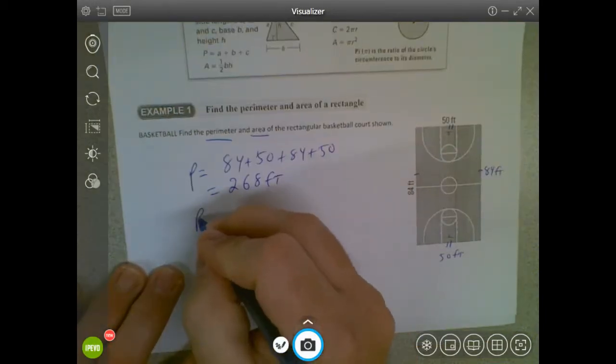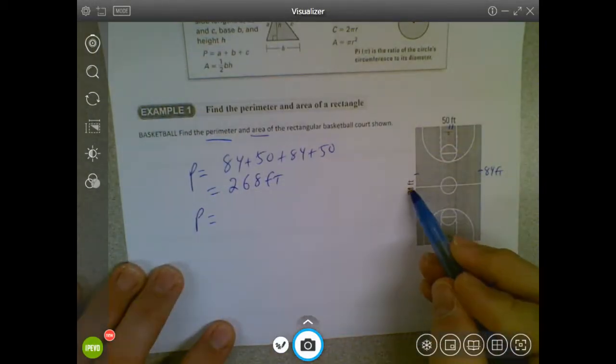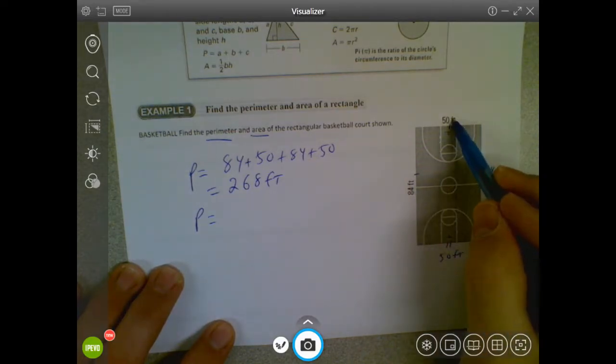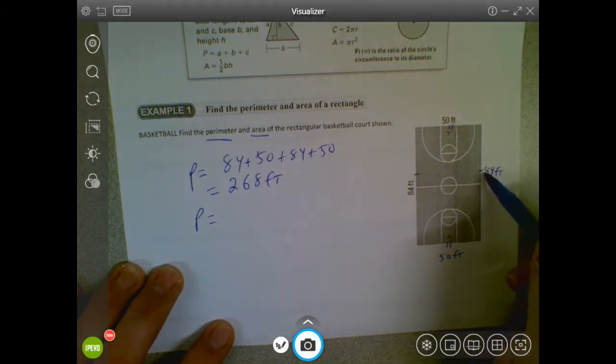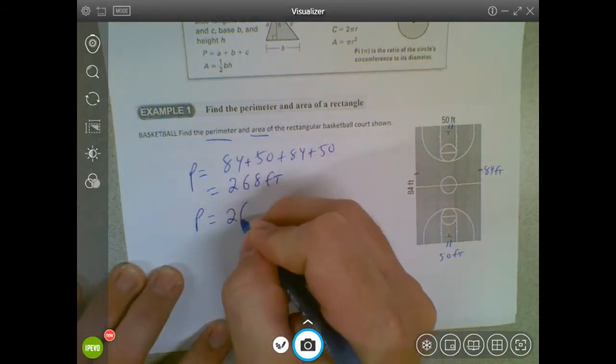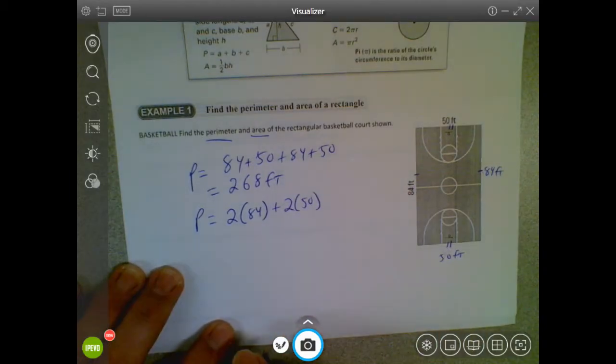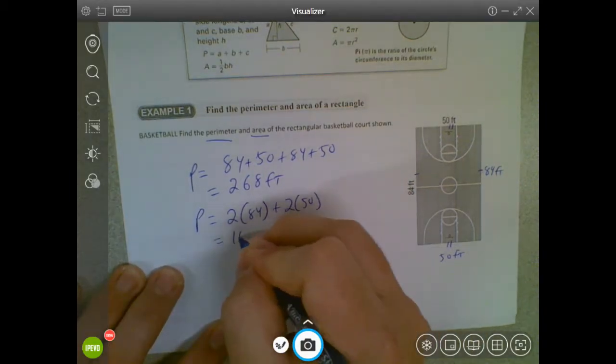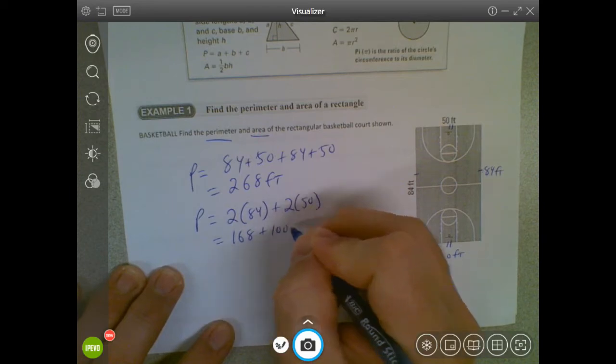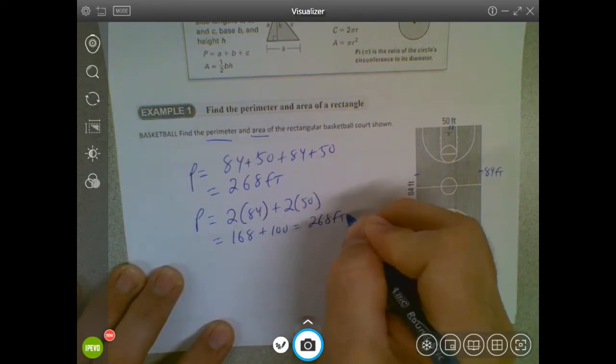But you could also have done it by realizing that you're basically doing two of these and two of these because it's a rectangle, right? Opposite sides have to be the same. So I could see somebody setting it up this way instead, in which case you'd get 168 plus 100 is 268.